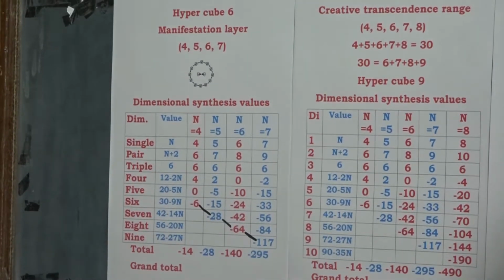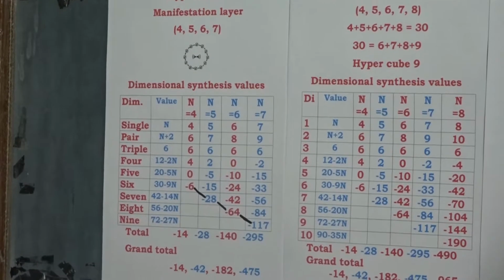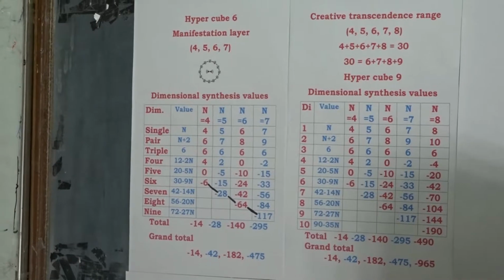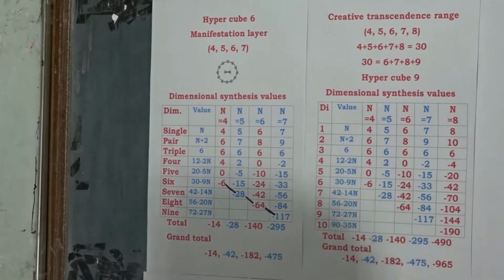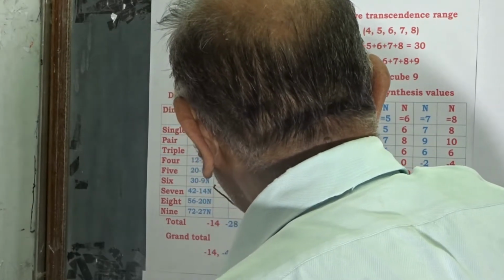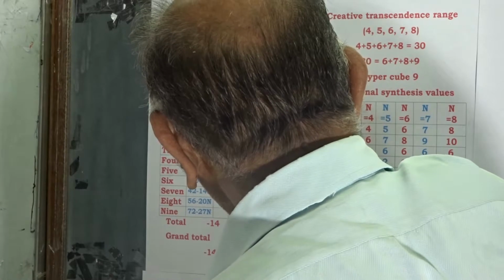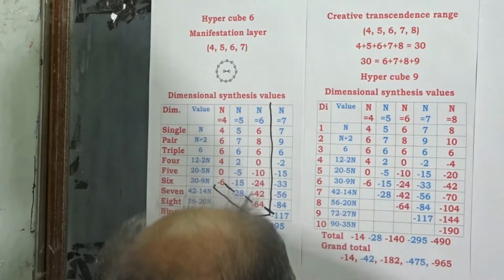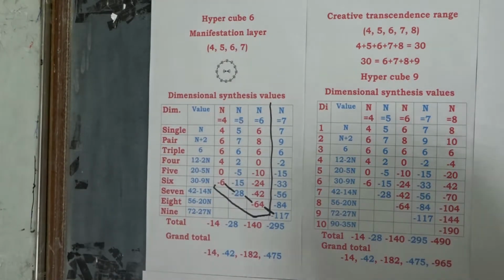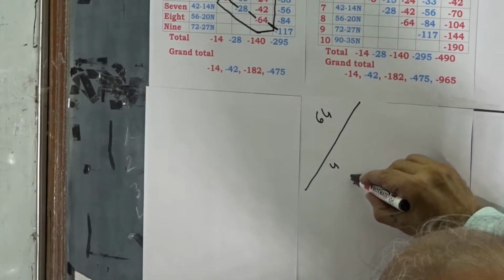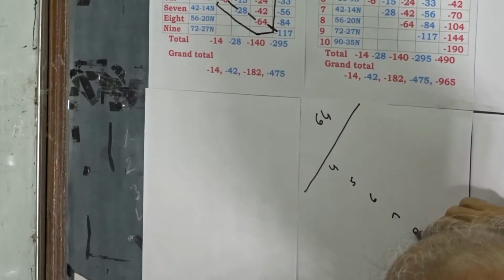It is this reach which is to be comprehended well. One is to be face to face with this reach of the Vedic systems. It is this reach which will ultimately help us that we are having, at value n is equal to 6, when S6 is playing the role of a dimension, value minus 64, and minus 64 is the value which we know is the synthesis value of creative dimensional transcendence ranges.